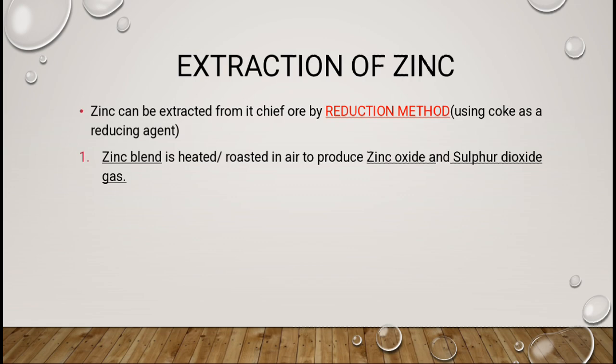So you may be asked, name the dangerous gas which is produced and which is not to be allowed to escape into the atmosphere during the extraction of zinc. So the gas is sulfur dioxide, when the ore has been heated or roasted.